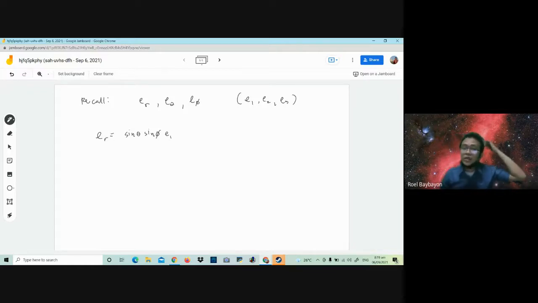So I have sin theta cos phi e1 plus sin theta sin phi e2 plus cosine theta e3. So this is my e_r.